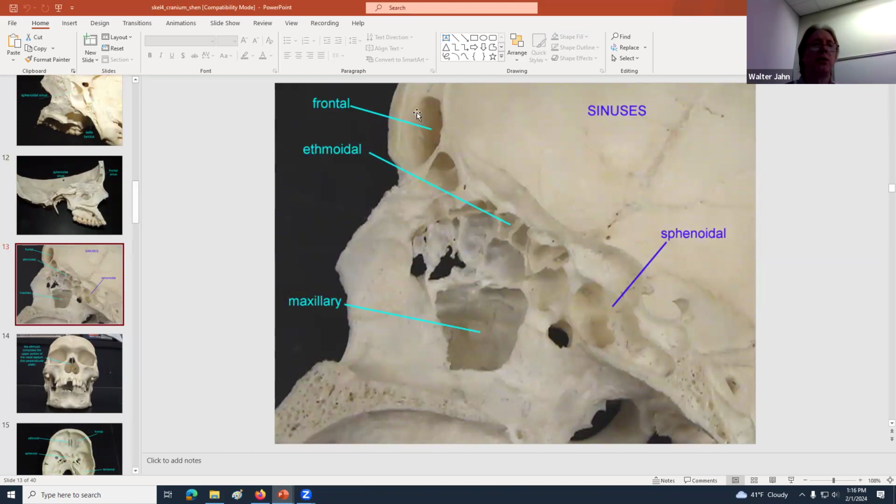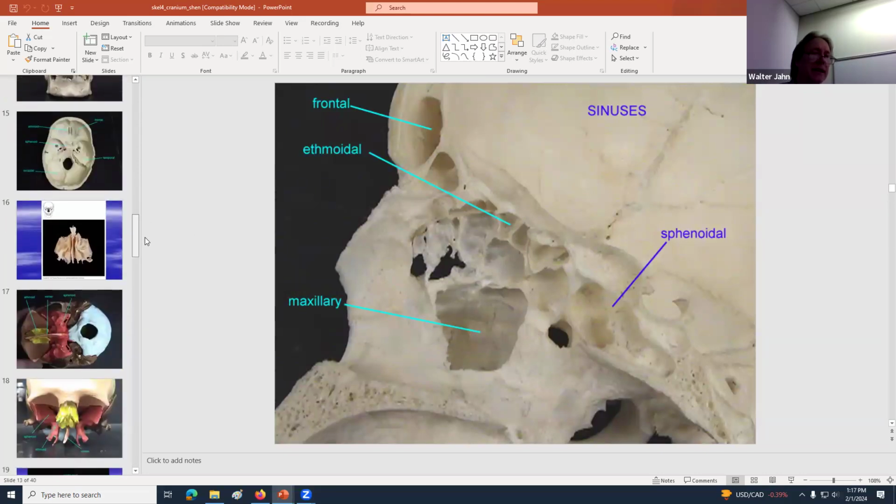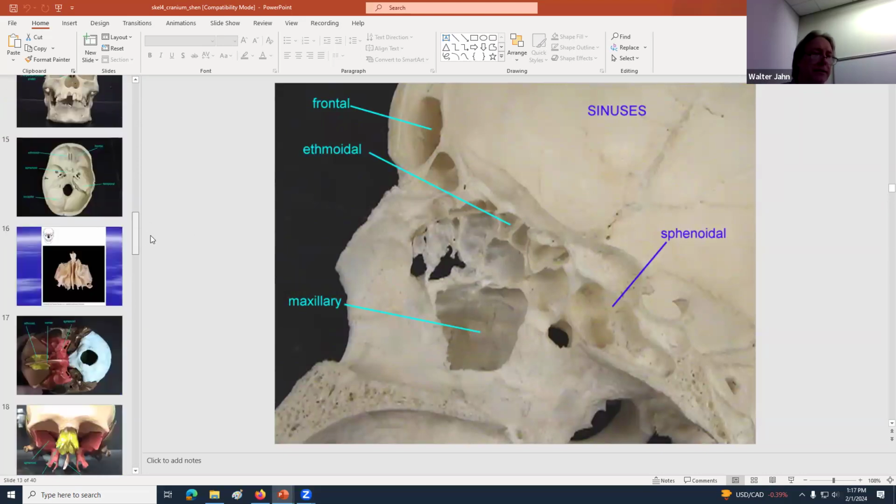Here's the ethmoid region, a hole. Here's the frontal bone, here's a hole. So there are three bones of the cranium which have holes or sinuses, the frontal bone, the ethmoid, and the sphenoid, and then even one bone of the face, the maxilla or maxillary bone. So four bones have sinuses: frontal, sphenoid, ethmoid, and the maxilla bone of the face.